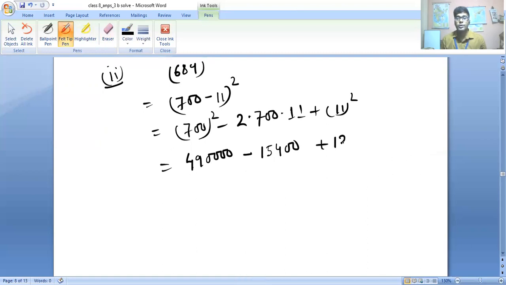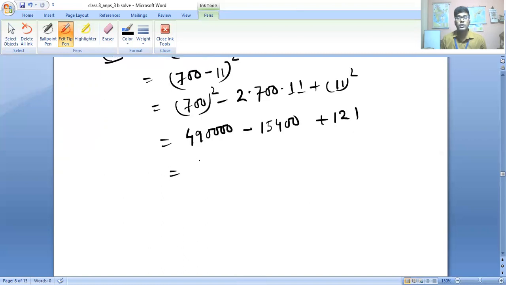And then we have here 121. So then clearly it will be 490000 minus 15400 plus 121.